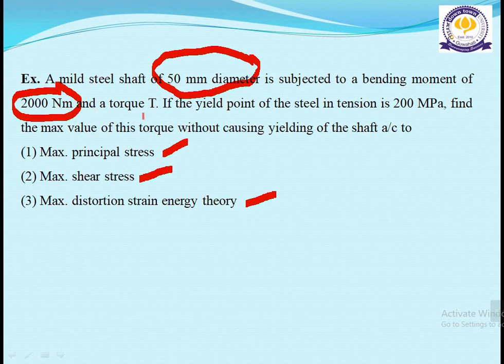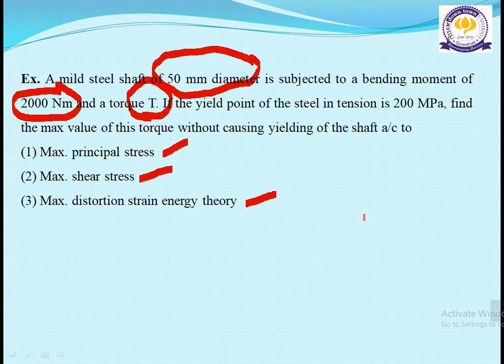Next, T. What we need to find out is the value of torque T. The formulas will be the same, but here we need to find the value of T, whereas in the previous problem we had to find the value of small d, the diameter of the shaft.